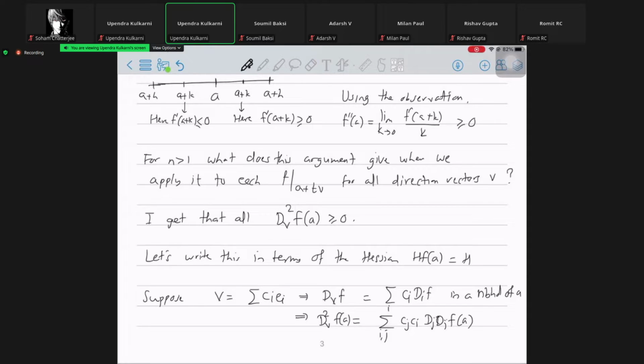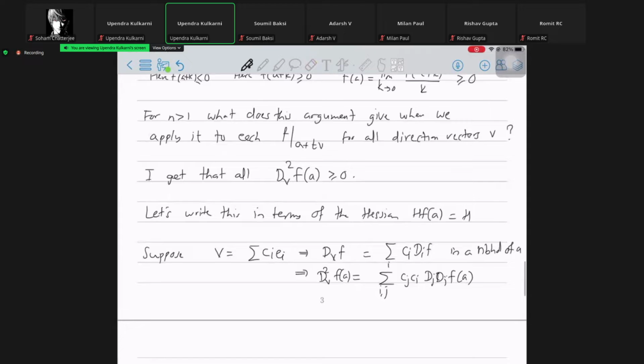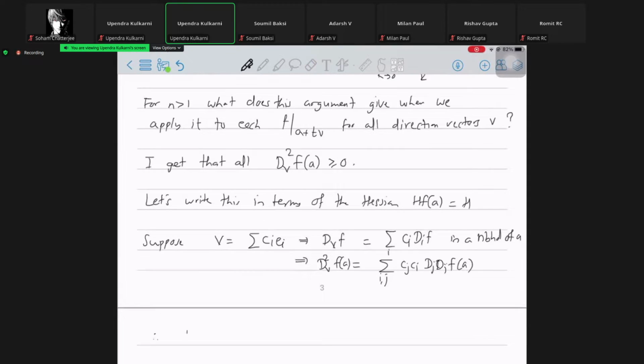In other words, what is this in terms of the Hessian? Therefore, d sub v square of f at a is what? I'm going to write the Hessian matrix H, with c transpose on one side and c on the other side.